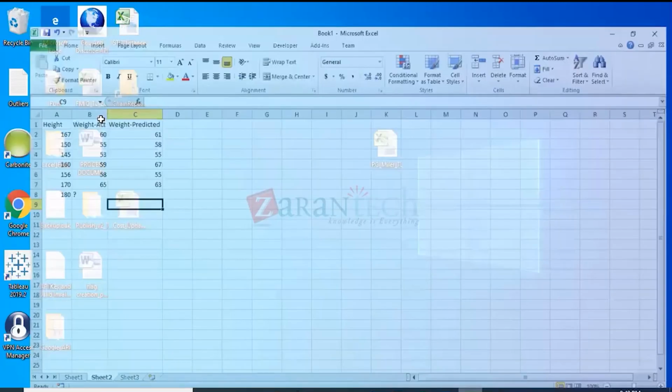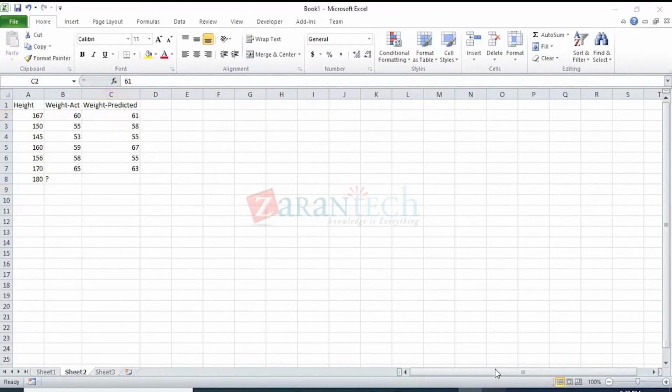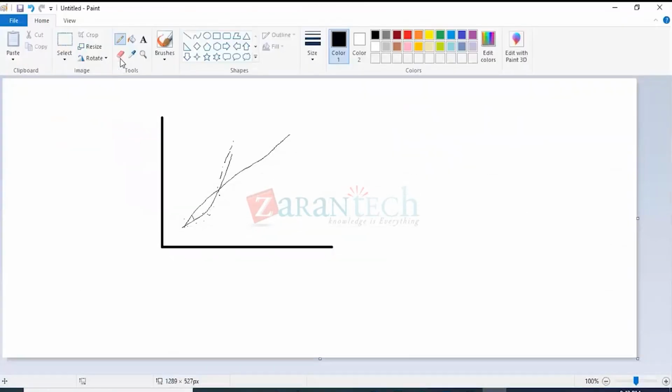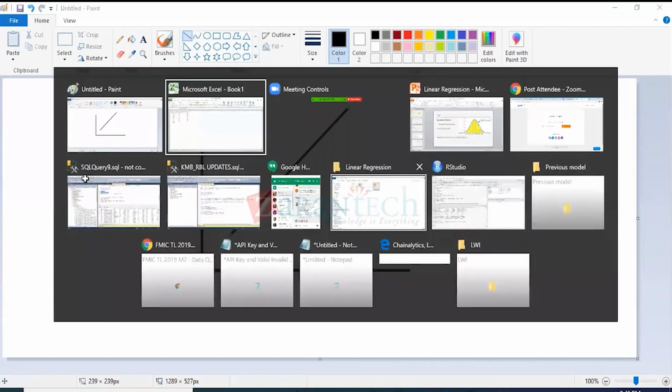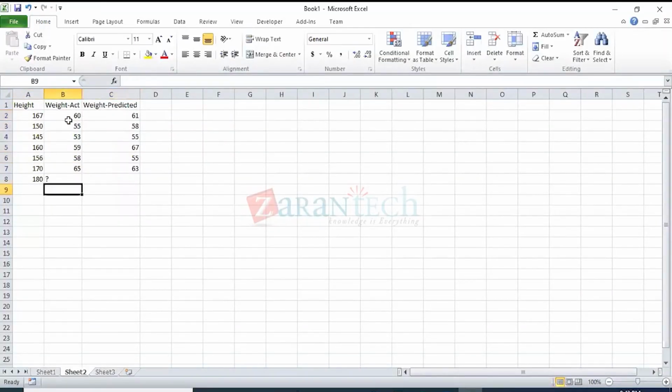What do I mean by predicted value? After this line is fit, let's say this is my best fit line for that data. For this height it will calculate its own weight. It will not consider the actual weight for now. It used the actual weight to fit this line. Now it will calculate its own weight based on this height, like I explained before.